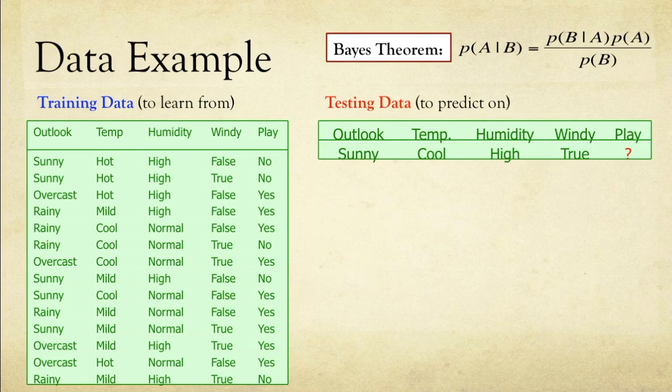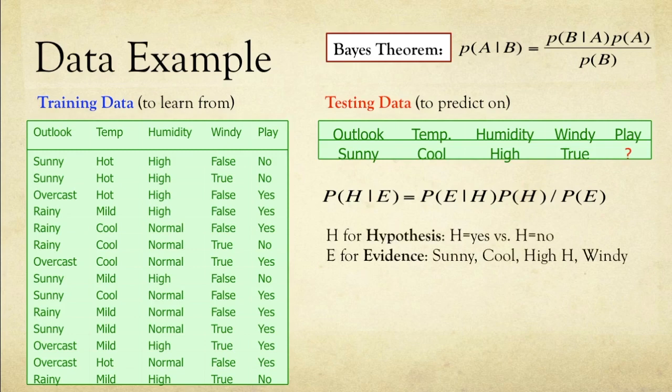Remember, we have the Bayes theorem, which says we can compute P(A given B) by P(B given A) times P(A) divided by P(B). Let's change the notation a bit by using H and E instead of A and B. It is still the same equation of the Bayes theorem, but now about H and E, so that the notation is more meaningful for the problem here.